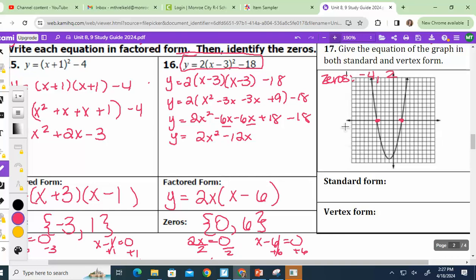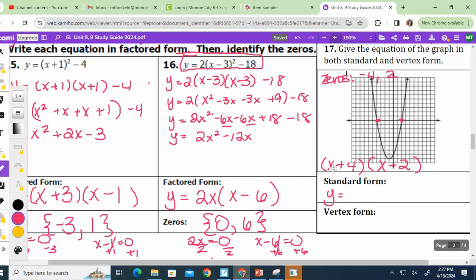So if negative 4 is a 0, can you tell me what would be in my factored form? It would have a positive 4, x plus 4. If 2 is a 0, then this would have an x minus 2. Standard form is ax squared plus bx plus c.